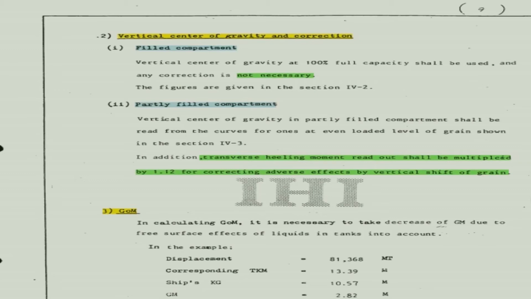But for partially filled compartments, we should multiply the transverse healing moment value by 1.12 to get the correction. But why do we need to apply that correction?